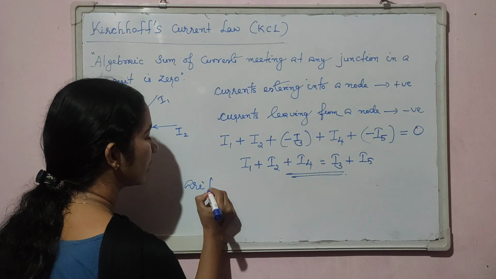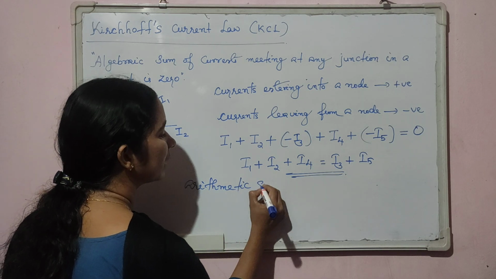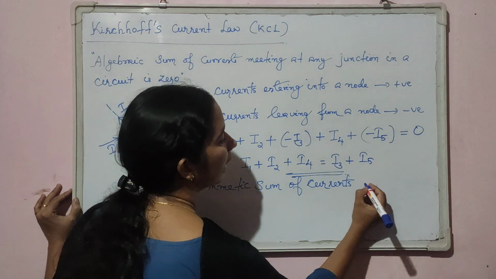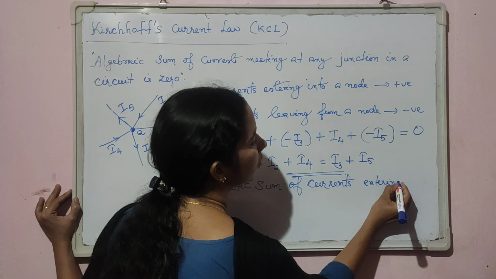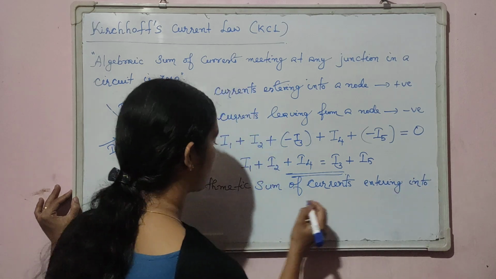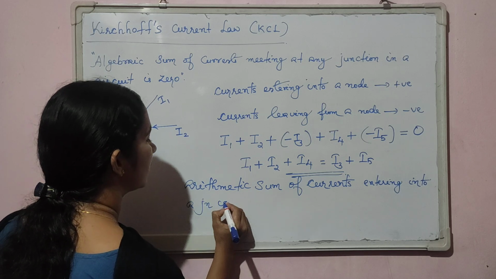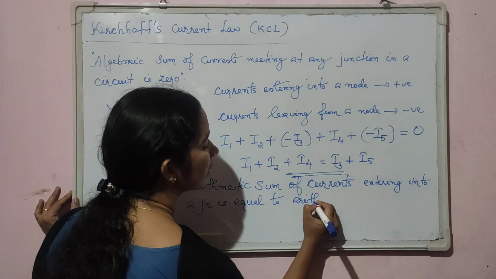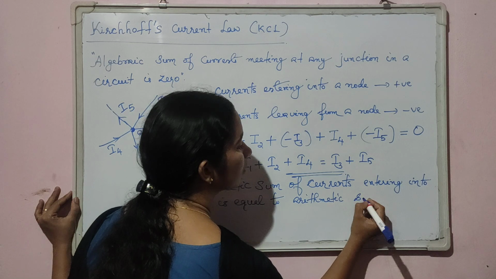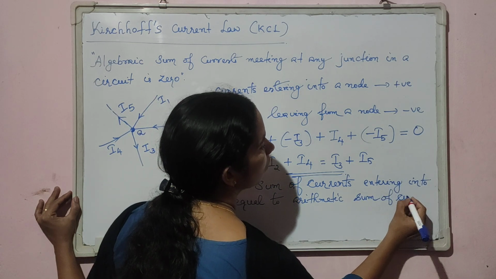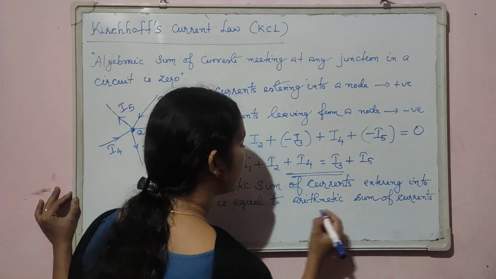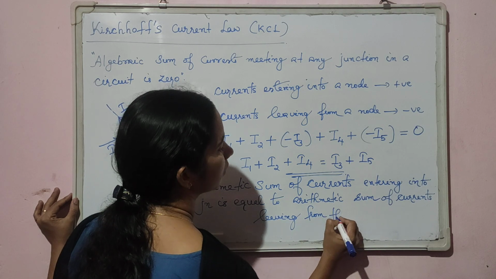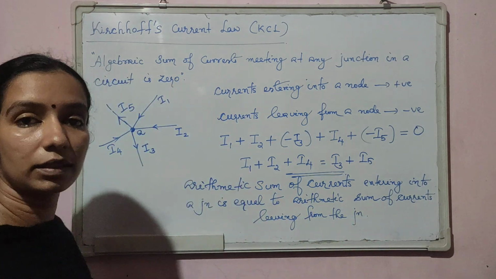So we can state KCL as: the arithmetic sum of currents entering into a junction is equal to the arithmetic sum of currents leaving from the junction. So this is Kirchhoff's current law.